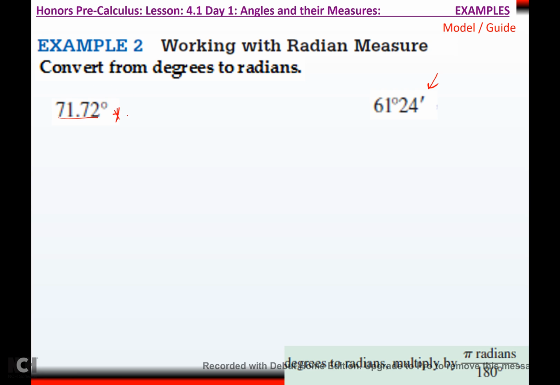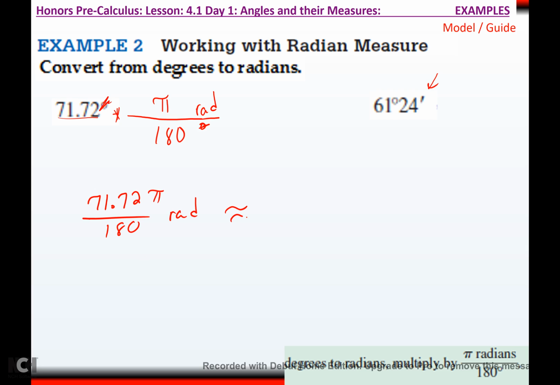So if I want degrees to go away, I put degrees on bottom, and I want radians, that's on top. There are pi radians in 180 degrees. Degrees cancel. So I would have 71.72 pi over 180 radians. Now, to simplify that, 71.72 times pi divided by 180, I get approximately 1.25 radians.